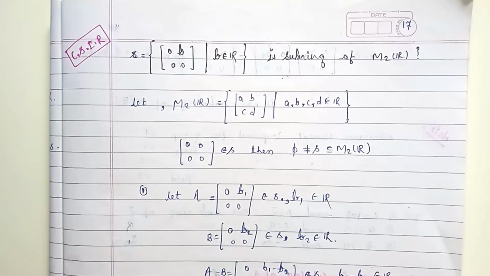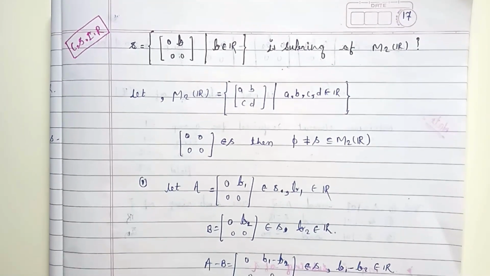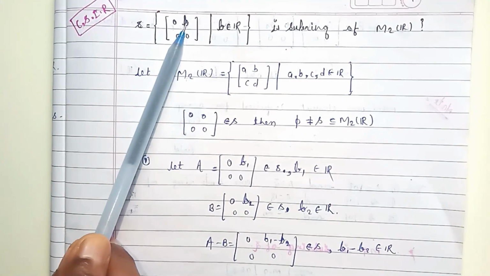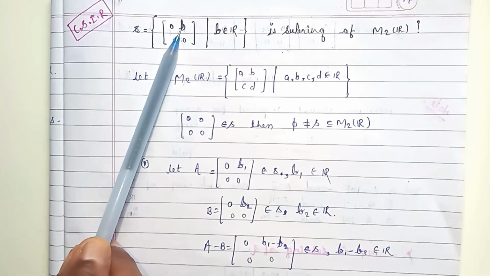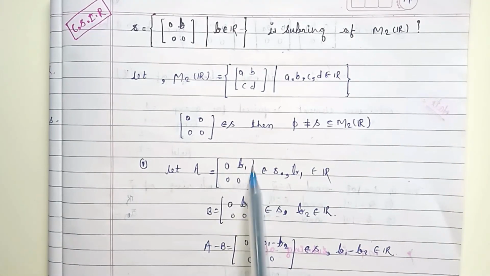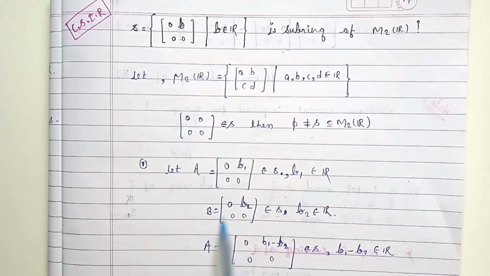Now let's take two elements and prove whether it is a subring or not. Consider two elements A and B, having non-zero entries: 0, B1, 0, 0 and 0, B2, 0, 0, where B1 and B2 are non-zero.